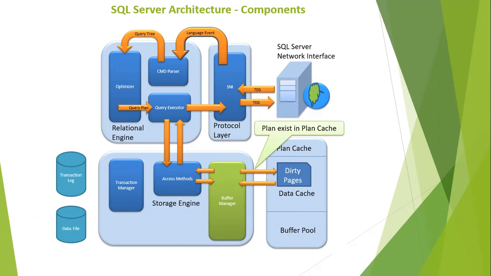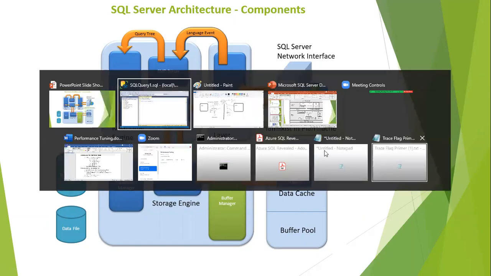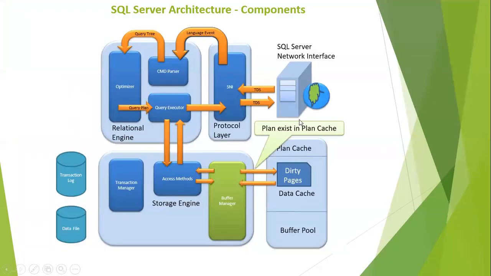As I said, it contains data types, columns, and table information, and that will be wrapped into a TDS packet. Once it is wrapped at the client side, it will be sent to the server side network interface with the same TDS packet, because server and client should understand what we are sending through the network.